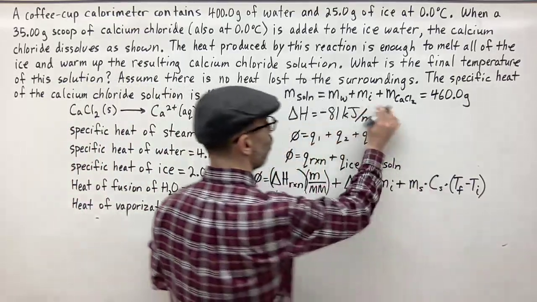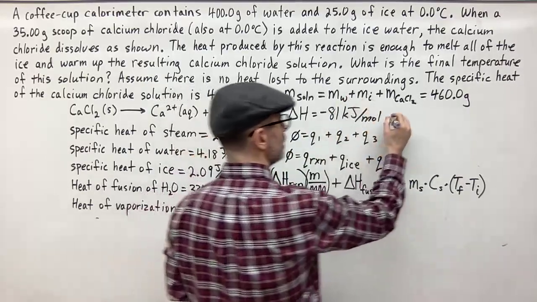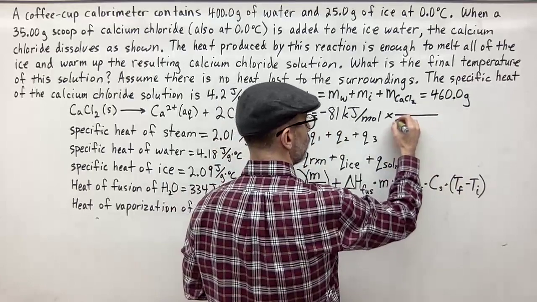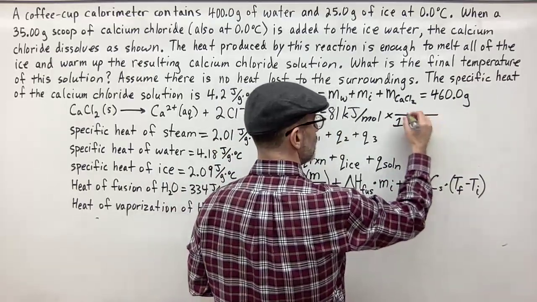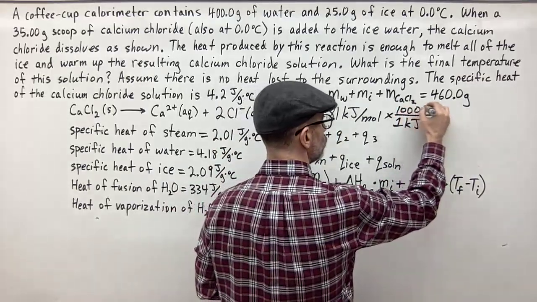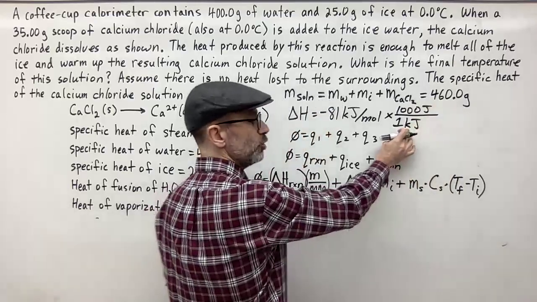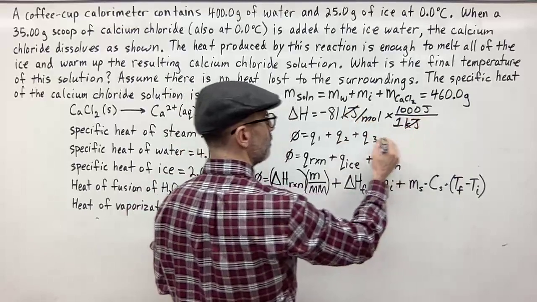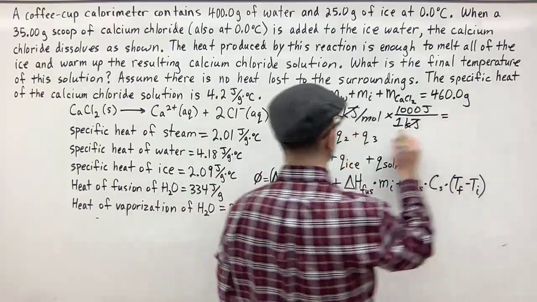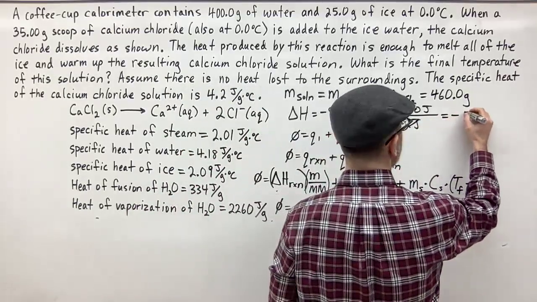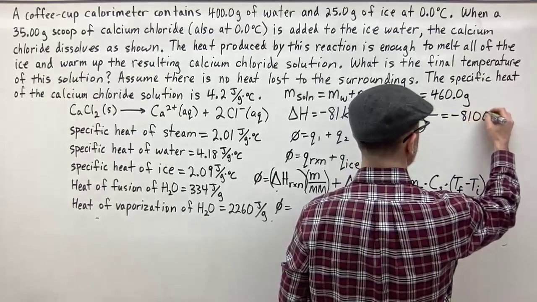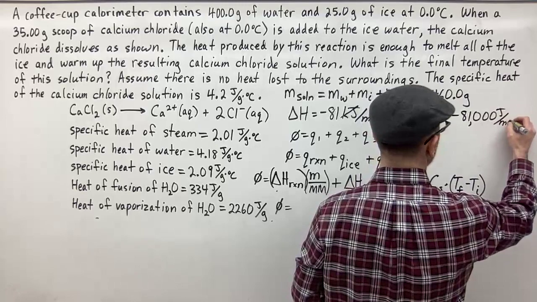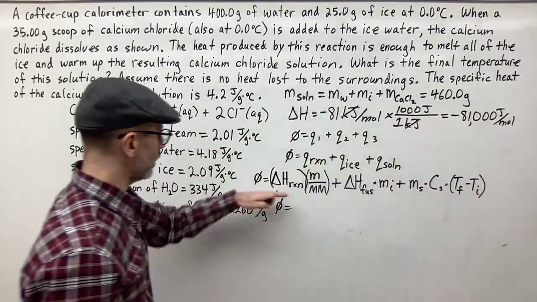Since I have kilojoules on the top, I'm going to multiply this by a conversion factor. I know that 1 kilojoule is equal to 1,000 joules. I put kilojoules on the bottom, so it cancels out kilojoules on top. And so now this is going to be equal to negative 81,000 joules per mole.